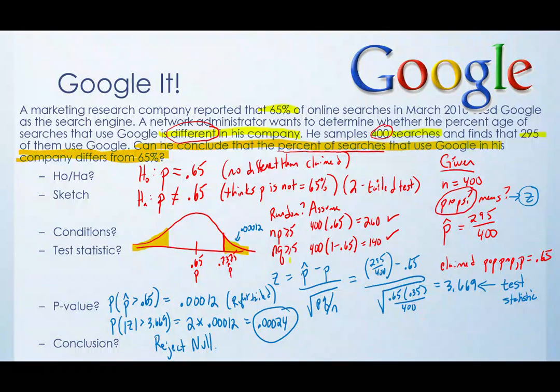What does that mean? We can go back to the question: can he conclude that the percent of searches that use Google differs from 65%? Yes. There is strong evidence that the percent of searches that use Google in his company differs from 65%, or is not 65%.